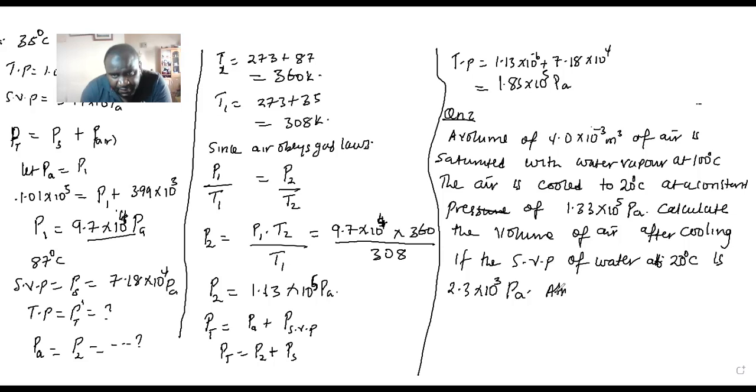Atmospheric pressure is equal to 1.0 times 10 to the power 5 Pascal.